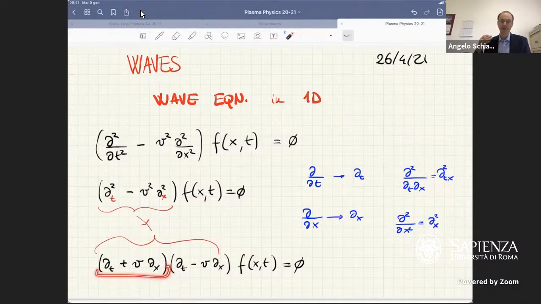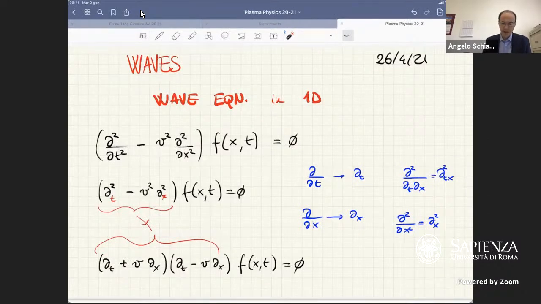Progressive means that the wave solution is moving in the direction of x, whereas the other one is describing a wave which is moving in the opposite direction, so along minus x, where x is the spatial direction.